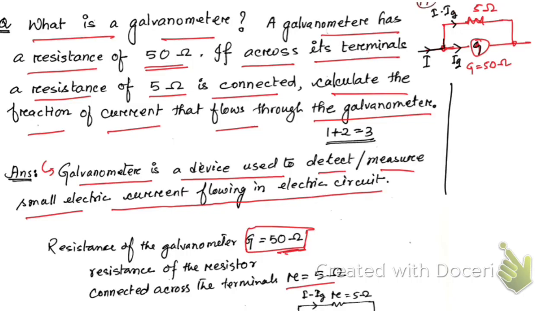So according to Ohm's law, the potential difference across the galvanometer will be given by the current through it and its resistance: V equal to IR.